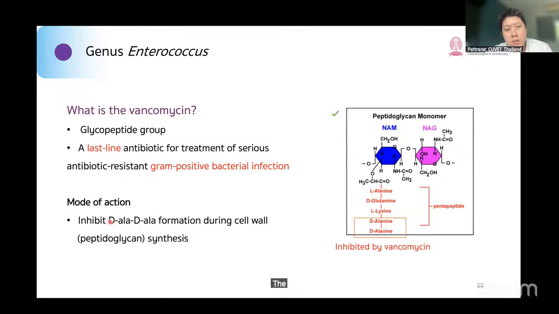The alanine dimer is a component of peptidoglycan. When vancomycin inhibits the alanine dimer, the bacteria cannot complete the cell wall synthesis. Okay, this is the normal mode of action.